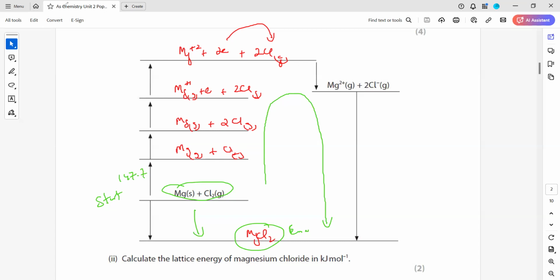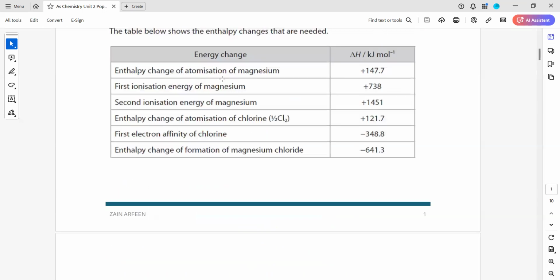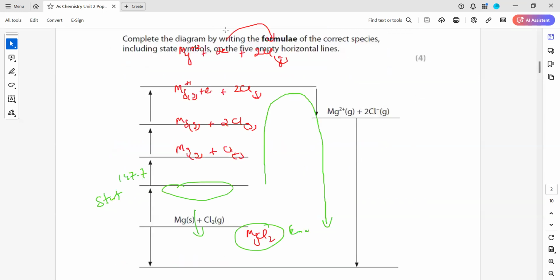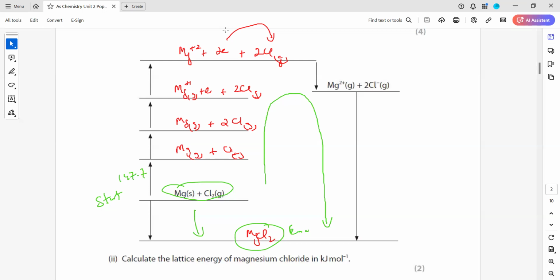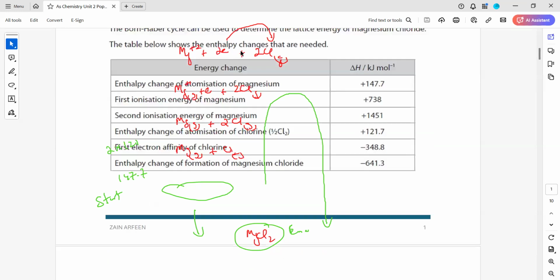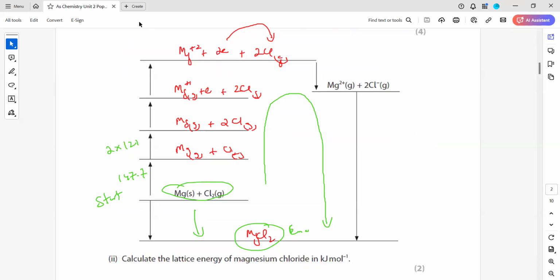Two chlorine atoms. For one chlorine atom, that is half a chlorine molecule, the atomization is 121.7. But because there are two, the atomization will be twice, so this will be 2 multiplied by 121.7 because two chlorine atoms are produced.